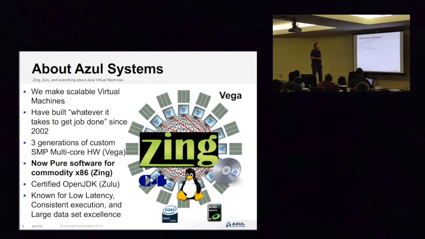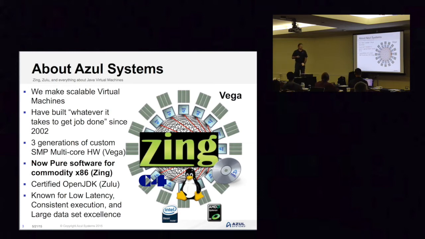Yes. All right, so Azul, all we do is Java. We are a company that's 100% invested and involved in building Java virtual machines. We've been around for over a decade, and our first product was a hardware appliance. Back in the day when Java turned out to be useful on servers, after applets and cute little tumbling dudes, they figured out it works really well on servers.